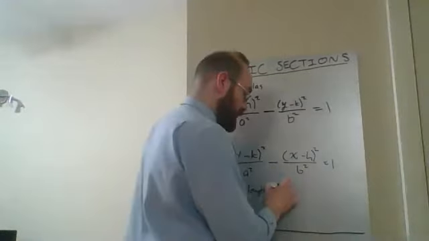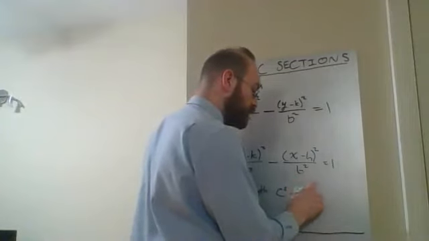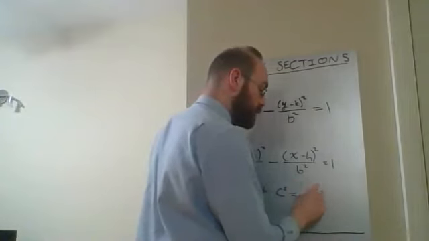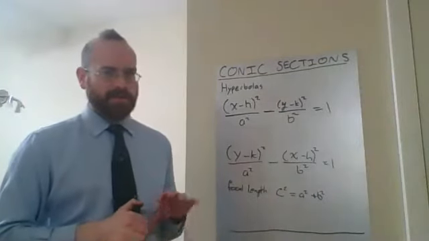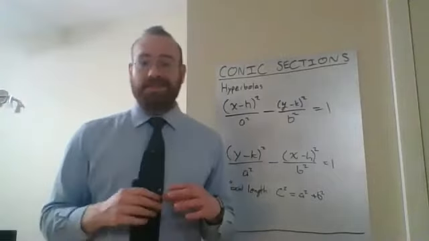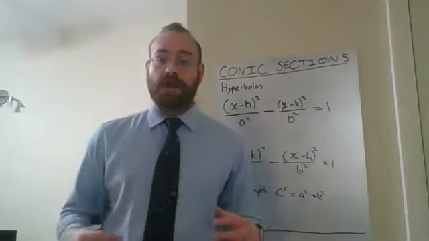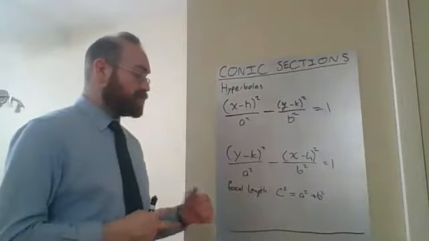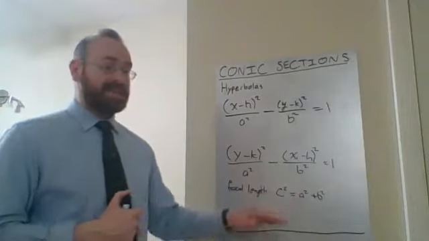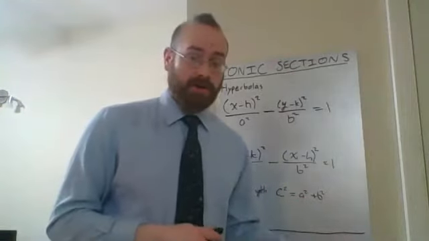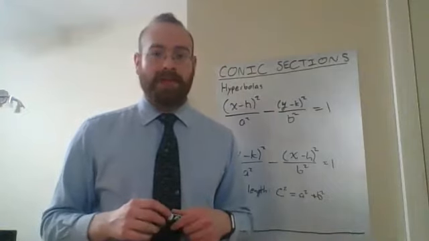For a hyperbola, c squared is equal to a squared plus b squared. Now technically, while this looks identical to the Pythagorean theorem, it is not the Pythagorean theorem because it is not a statement about the sides of a triangle. It just so happens that the relationship is the same as the Pythagorean theorem, even though we are not describing triangles.